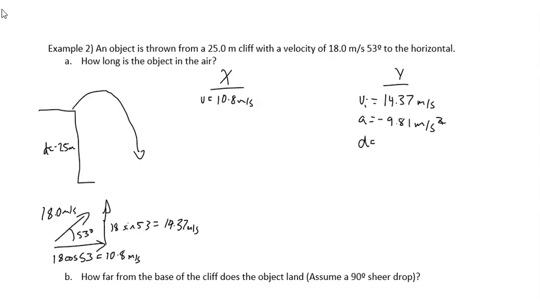We also know the displacement is negative 25.0 meters, and we want to find time. So using d is equal to VIT plus 1/2 AT squared leads us with a little bit of a problem, because our displacement is negative 25, VI is 14.37, T plus 1/2 negative 9.81 T squared. Notice we've got a quadratic equation here.